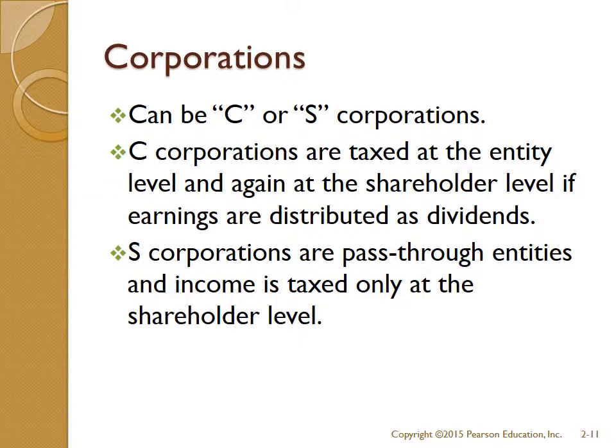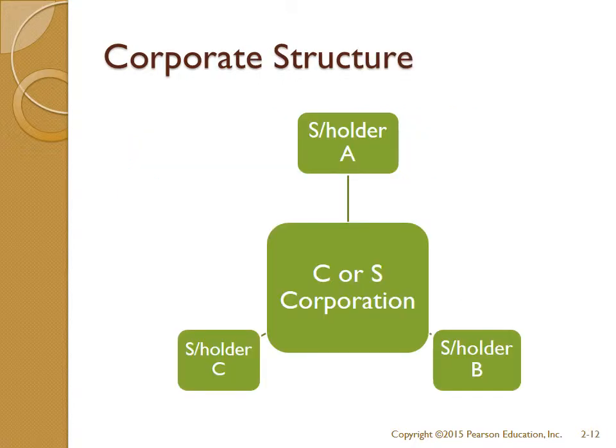It's basically a pass-through entity where any income, profit, loss is passed through to whoever the actual owners are, so that you wait until you get to that individual level to apply the taxation rules you're talking about.